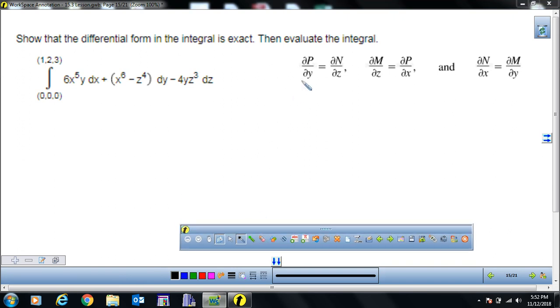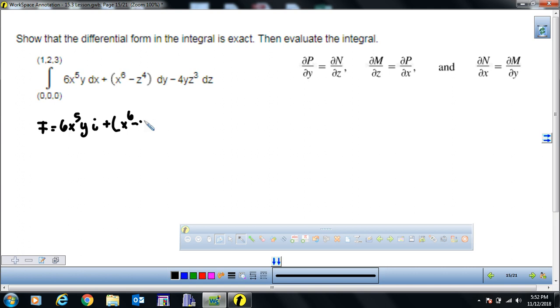To determine if it's exact, we need to determine if this field F equals 6x to the 5th y i plus x to the 6th minus z to the 4th j plus negative 4yz cubed k is conservative.